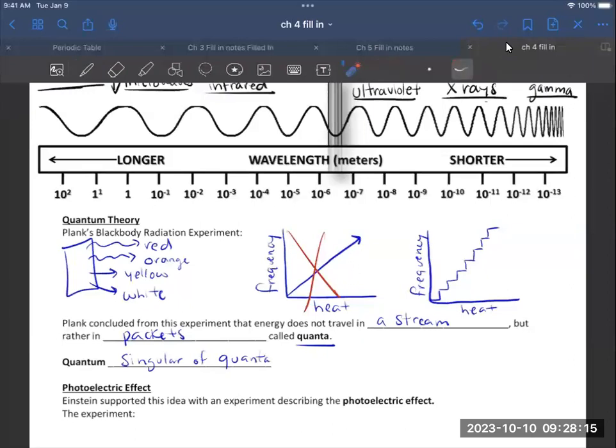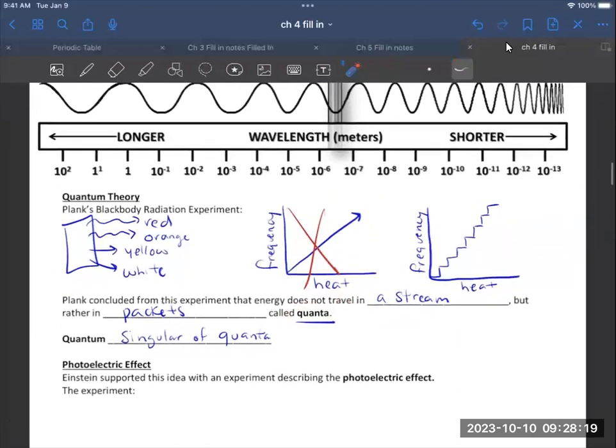What this basically means is that light travels in these packets. So how else do I explain this? If you have 10 joules of light energy, and I gave you a quanta of 5 joules, you would then have 15 joules of light energy. He realized that light is not traveling in a stream, it's traveling in fixed packets of energy.